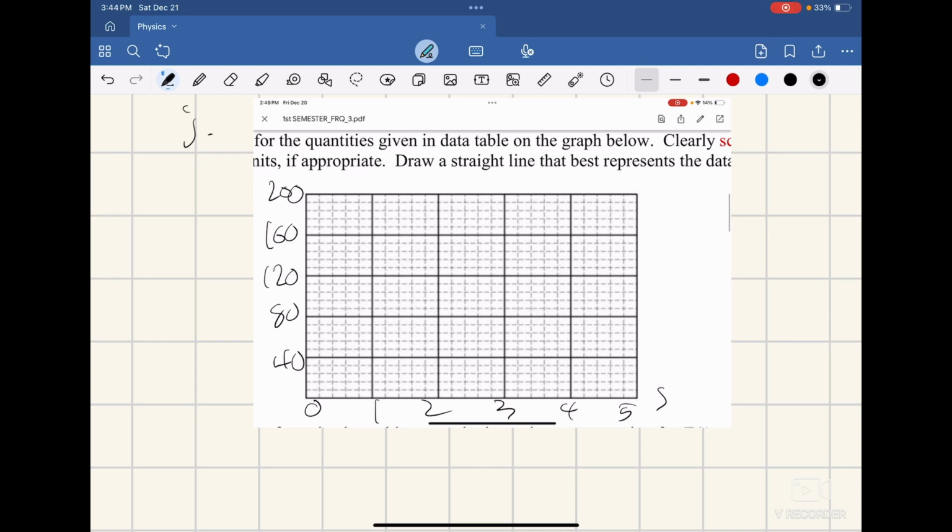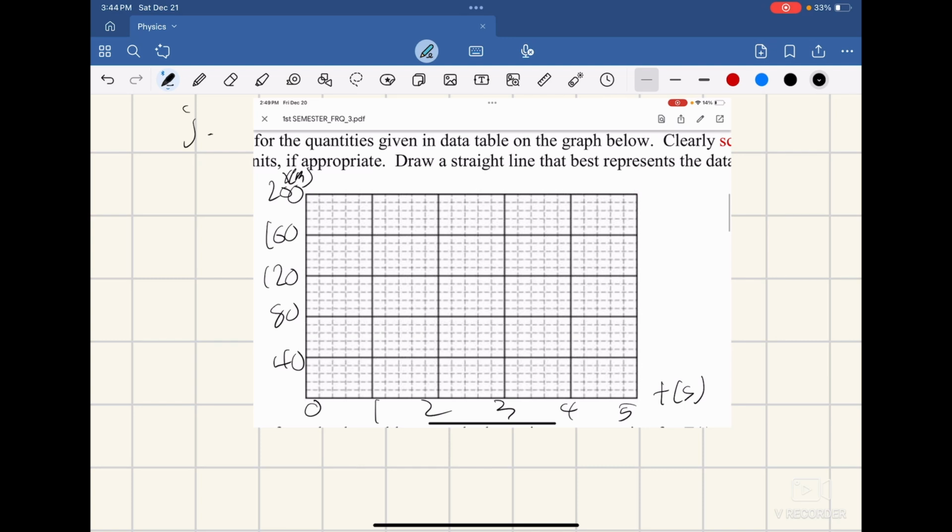The y-axis is the position x in meters, and the x-axis is the time t in seconds. Right, so we want to sketch the position-time graph and then clearly label all the axes.